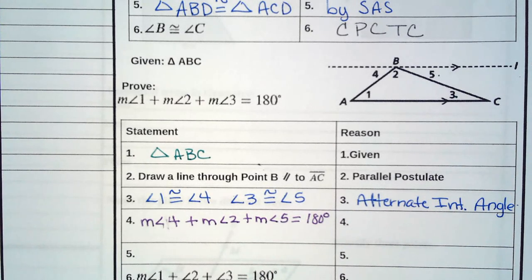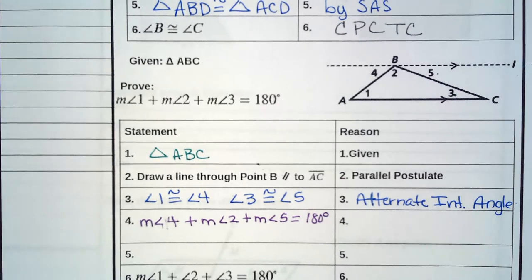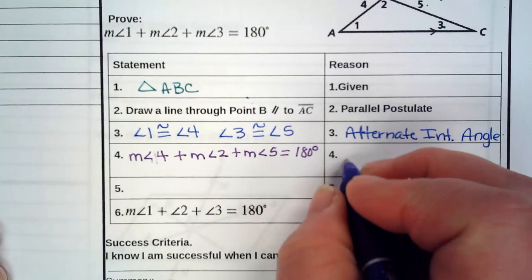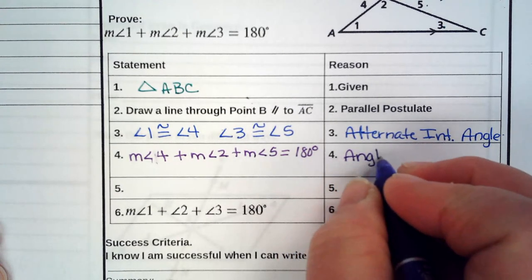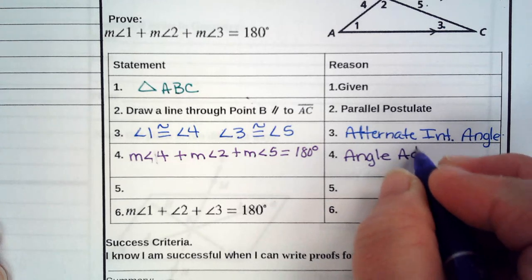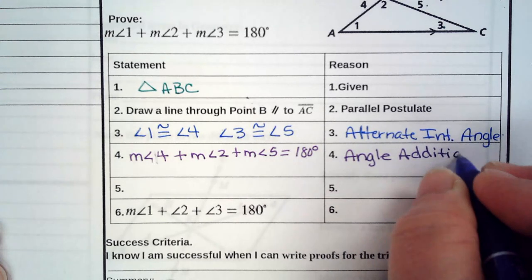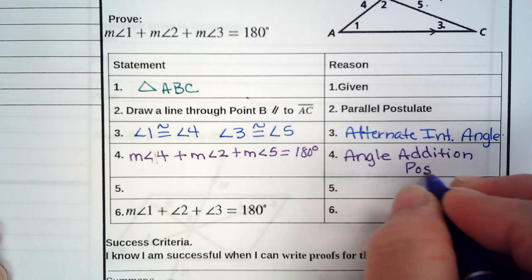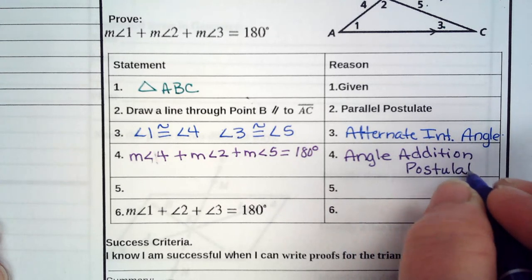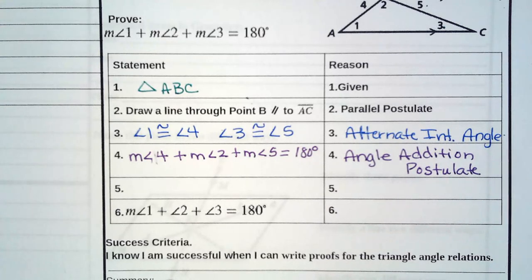Now, why can I say that? Well, remember the angle addition postulate? Postulate is what we don't have to prove. Okay, the other thing is you've got that straight angle. So that straight angle also means we've got that line.